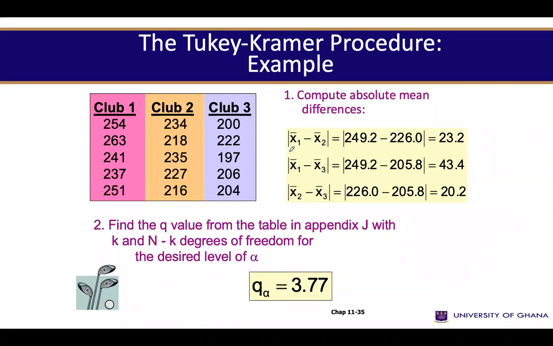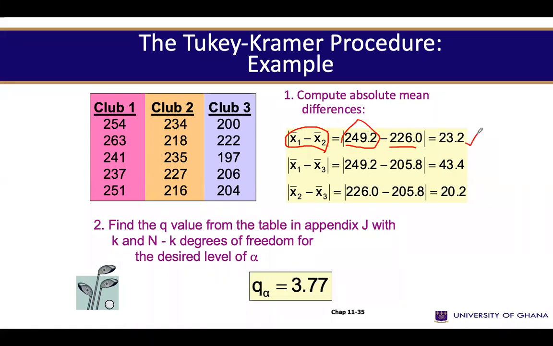When I consider club 1 and club 2, I am going to look out for the difference in their sample means. Club 1 had a sample mean of 249. Club 2 had a sample mean of 226. So I look at 249 minus 226. That gives me 23.2.